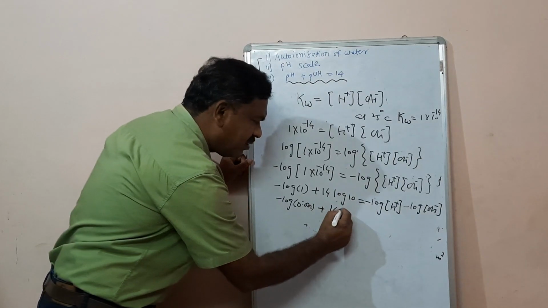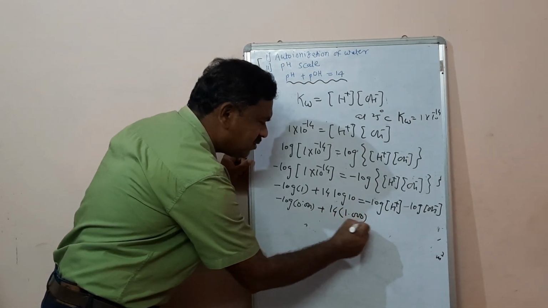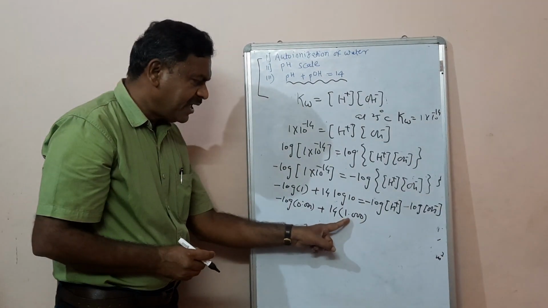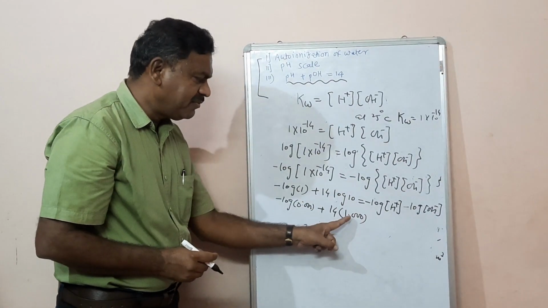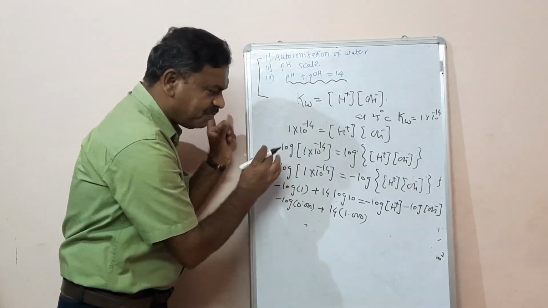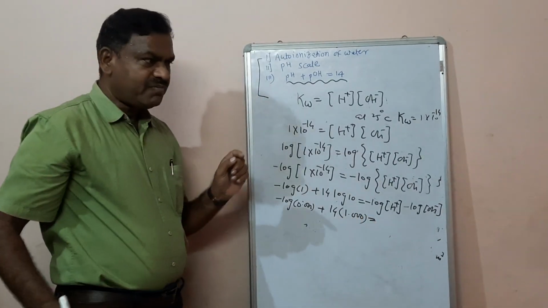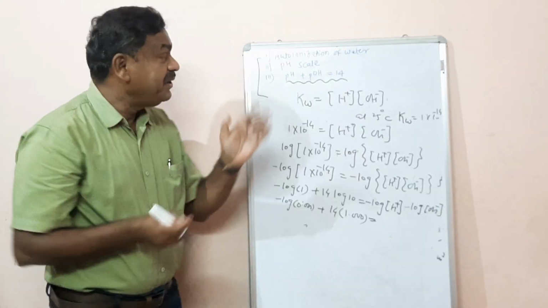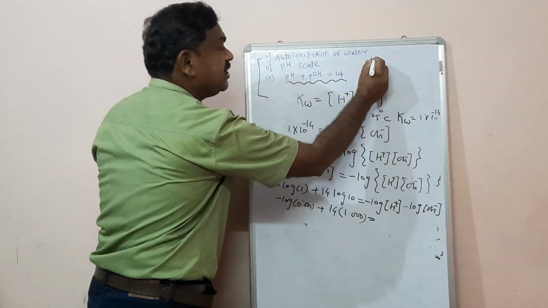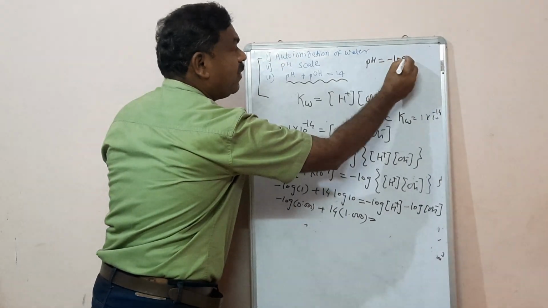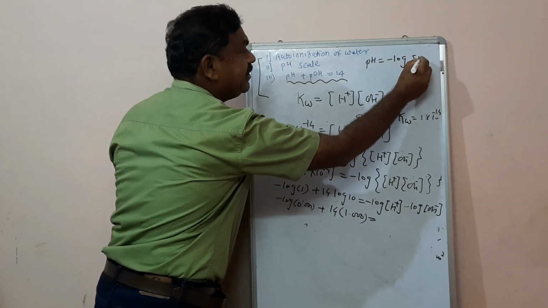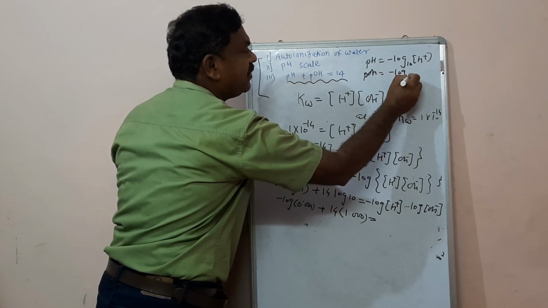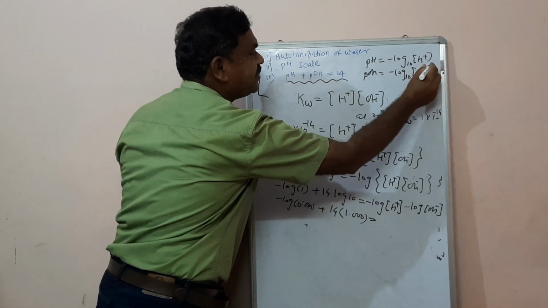Log 10 is 1.0000, that is, the log of 10 has characteristic 1 and mantissa 0000. Then, according to the definition of pH and pOH, pH is equal to the negative logarithm to the base 10 of H plus ions, and pOH is equal to the negative logarithm to the base 10 of OH minus ions.